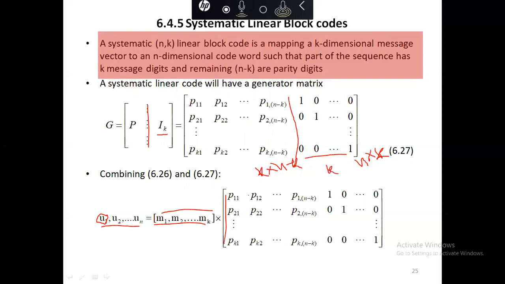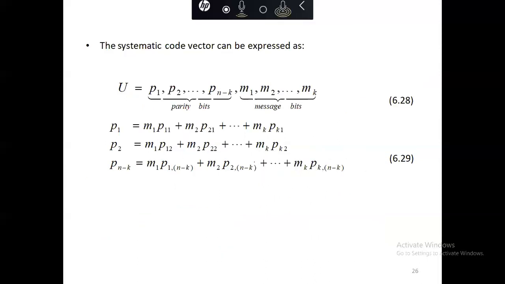Then you multiply the first row with the second column, and you get the second bit of the code word. Finally, n minus k bits are parity bits in the code word, and k bits are the actual message bits appended at the end.